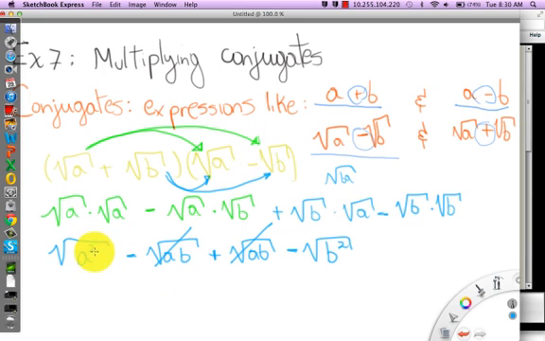And we know that this exponent cancels out with the index, and I have a minus, again this cancels out with the index, and this is my final answer. And as you can tell, multiplying conjugates gets rid of the radicals, and this is going to come in handy in the next example.